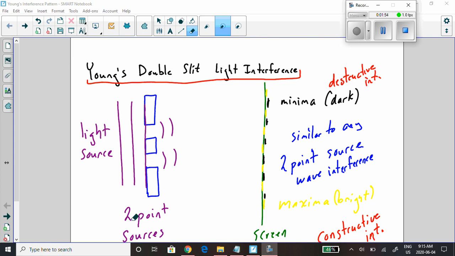Well, kids, this is just 2-point source interference, which was known to exist for different types of waves like sound waves and water waves. So what they were actually seeing was very similar to any 2-point source wave interference.